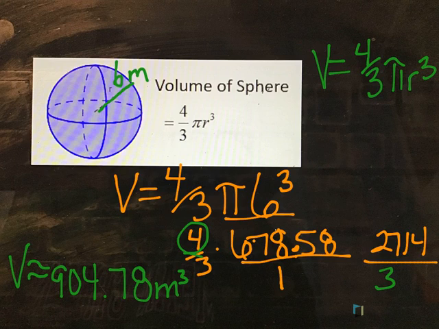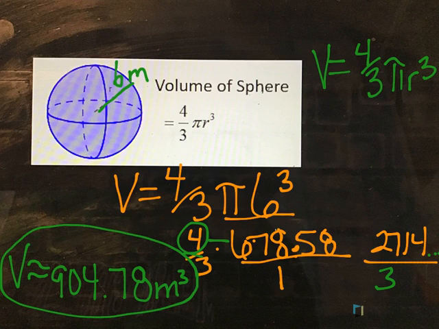Then I multiplied it by 4, multiply numerator by numerator, gave me 2,714.336. It was an irrational number, kept going. I divided that number by 3, and then I'm done, and the answer was approximately, again, since you multiply by pi, it's going to be an irrational number, 904.78 miles cubed. All right.